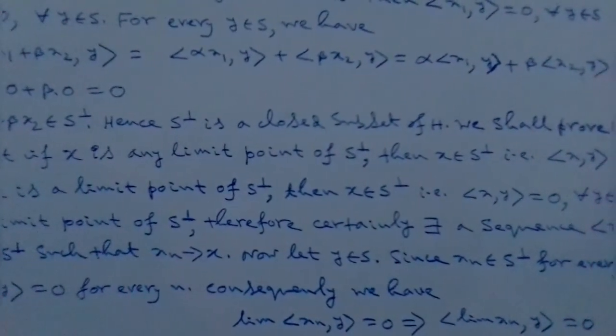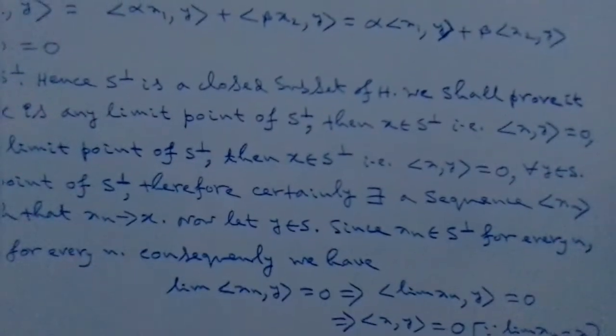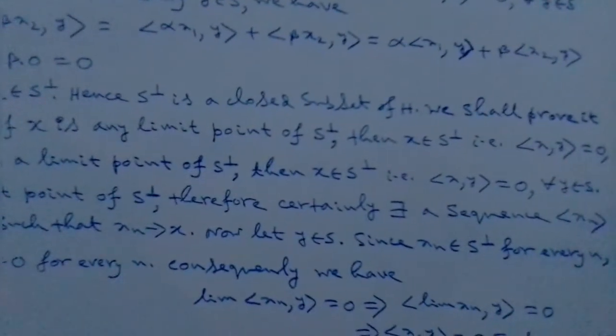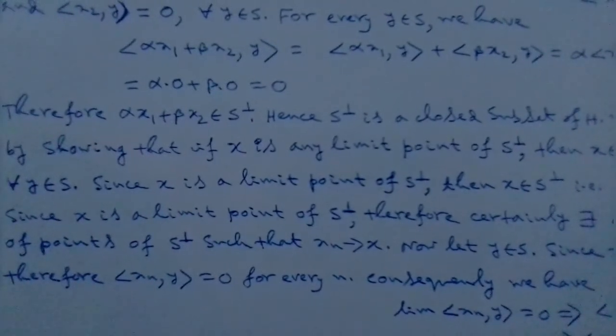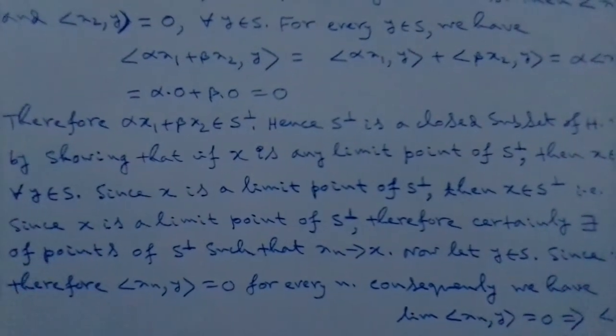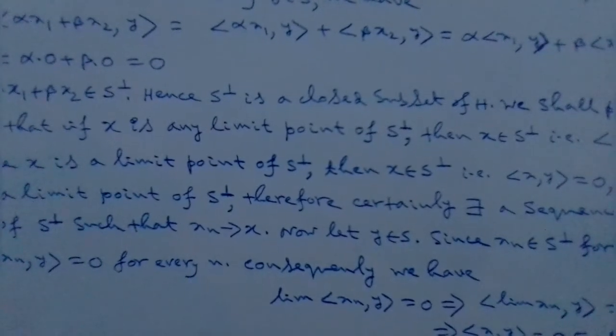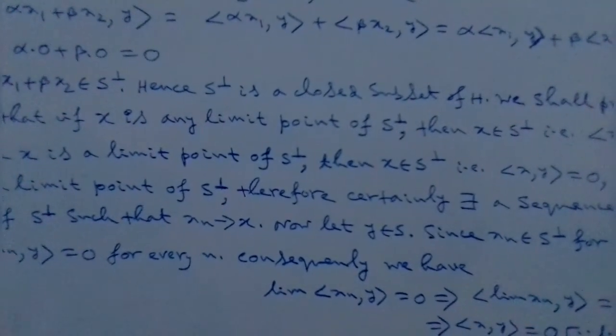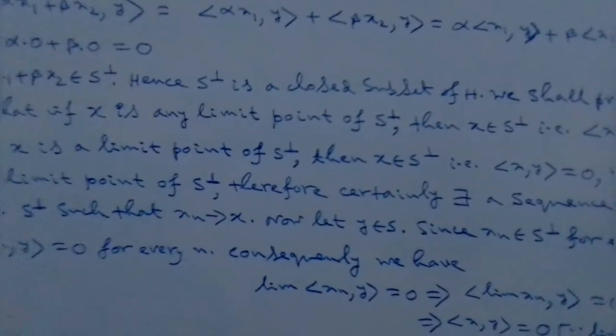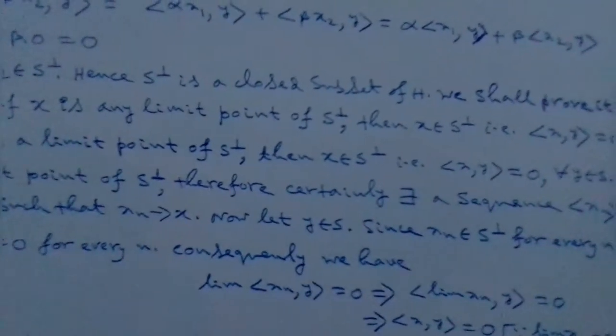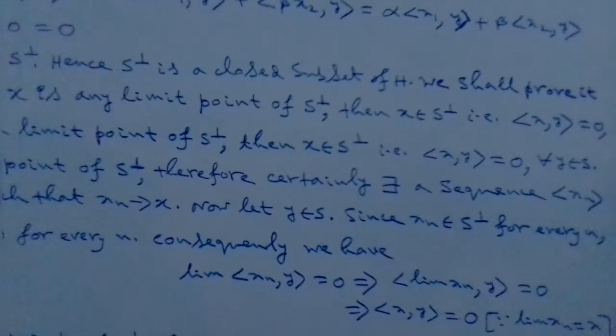Now let y belong to S. Since xn belongs to S perpendicular for every n, therefore xn dot y is 0 for every n, and consequently taking the limit, limit of xn dot y is 0, and as the limit of xn is x, x dot y is 0.